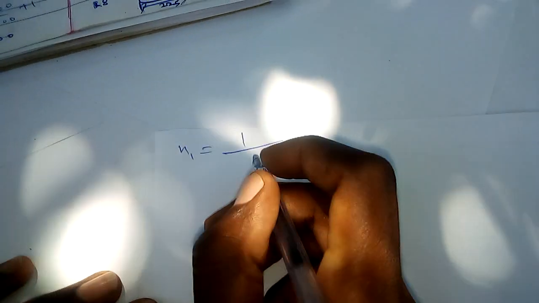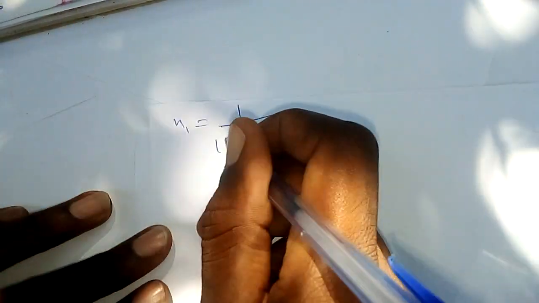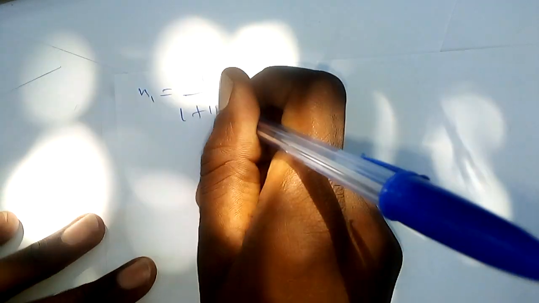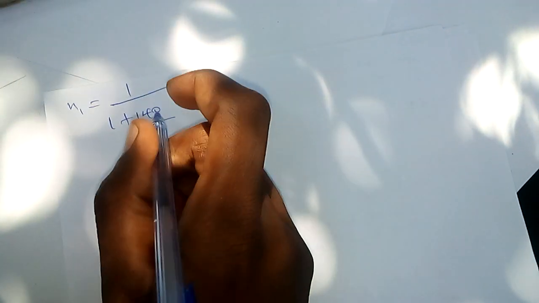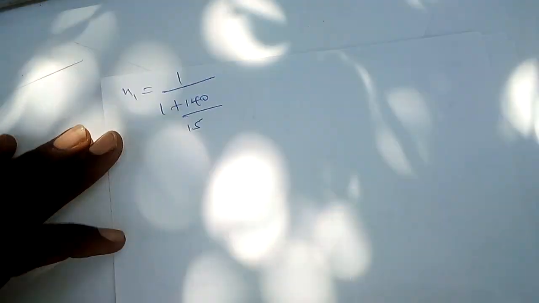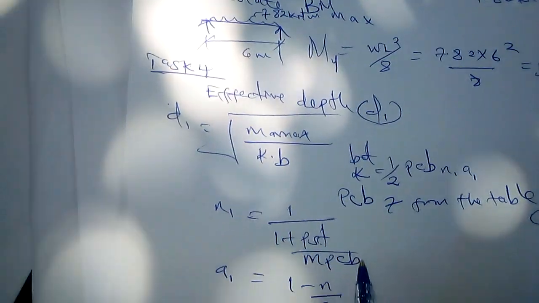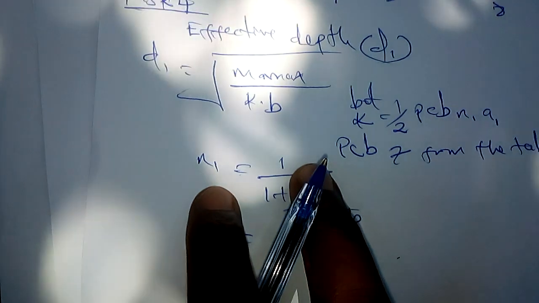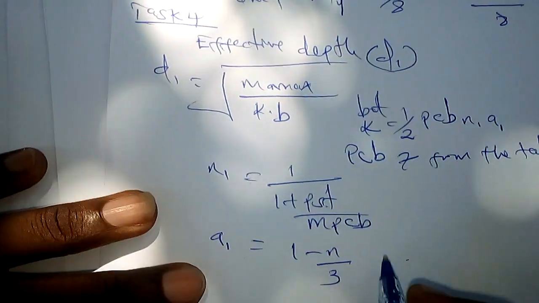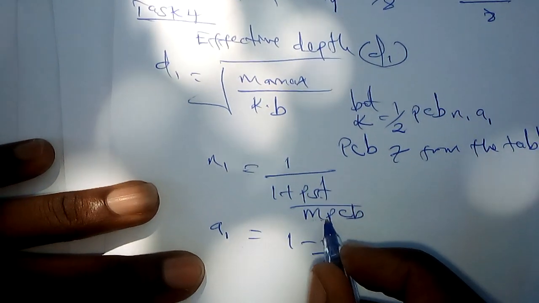n1 is equal to 1 all over 1 plus PST, which is 140 from the formula, all over 15 M PCB 7.